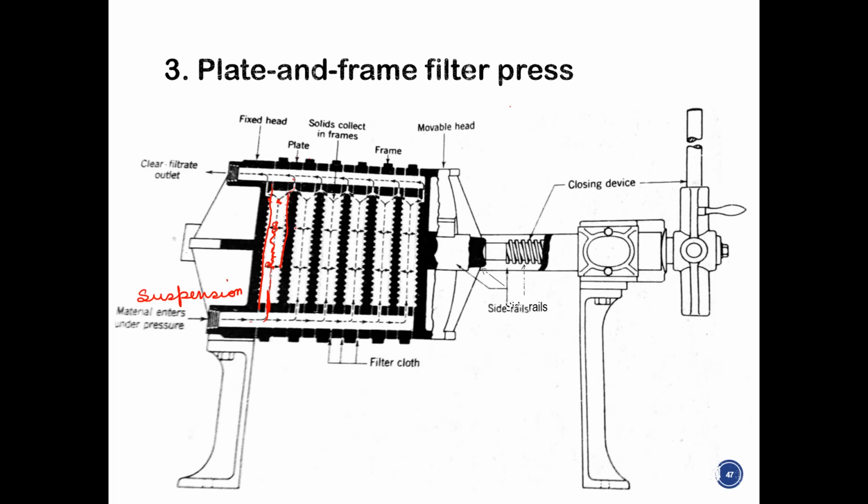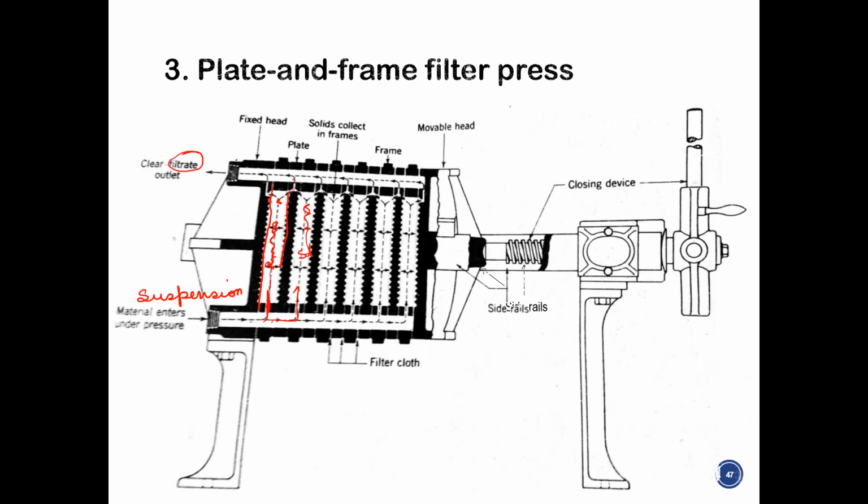Same thing here. It will come into this frame. All the solids will be stuck in this frame part, and all the liquids will be able to flow. So that's the basic idea. A new term which we need to know is, we already looked at filtrate, right?